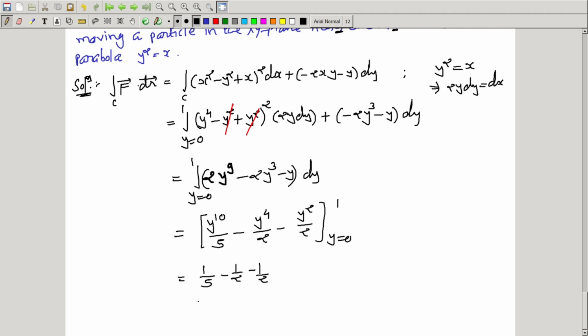So 1 upon 5 minus 1. What is the answer? Minus 4 upon 5. I hope this is clear to everyone.